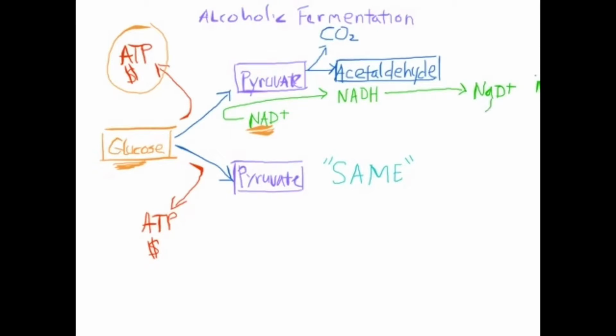That way we can use it again and again and split as much sugar as we want. And the only way to do that is to convert the acetaldehyde into ethanol, which is toxic. It's a waste product that must be eliminated or degraded by the chemical reactions of the cell.